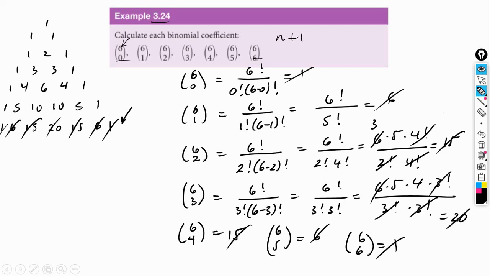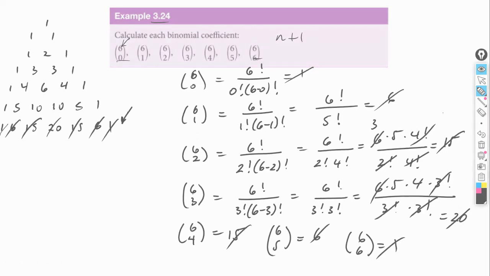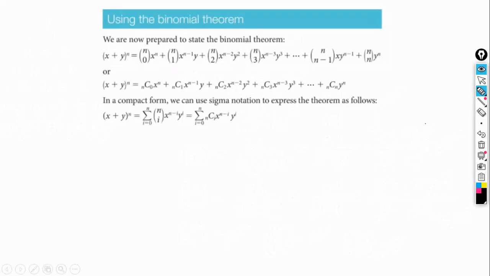So now we are ready to actually state the binomial theorem. In the previous example, we were able to see that we could generate the coefficients of an expansion to the power of 6 by using the binomial coefficients, right?